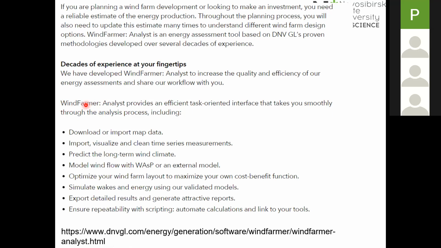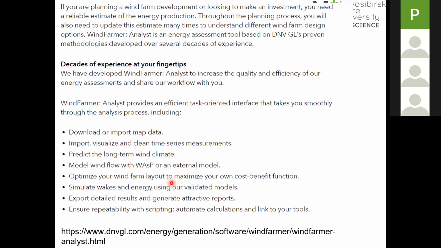And WindFarmer is made available by DNVGL, which is a big consulting company in Europe. And what it does is take the data that comes from the wind mast, do all the things that you see here, and optimizes the wind farm layout.